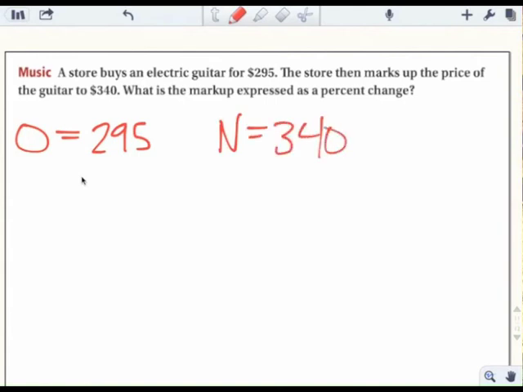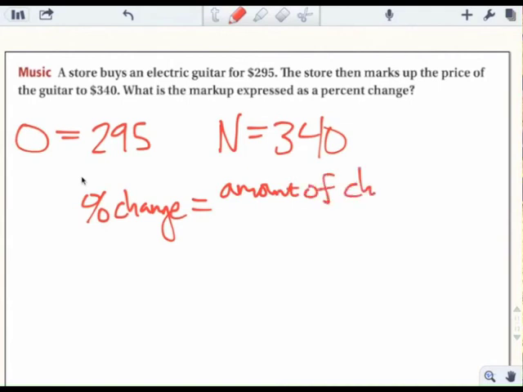What is the markup expressed as a percent change? Let's see. Percent change equals the amount of change divided by the original amount.